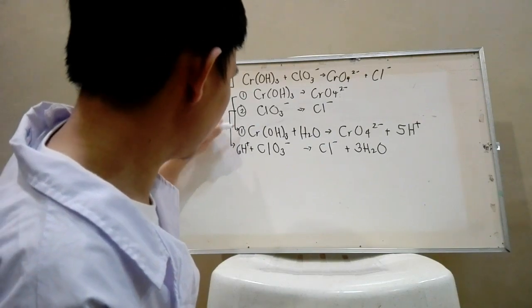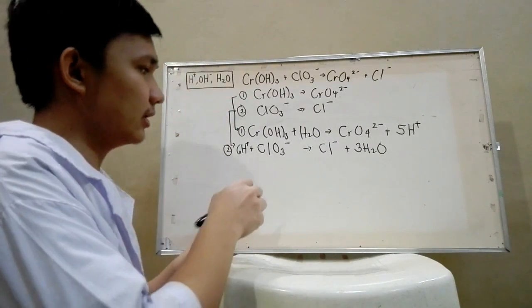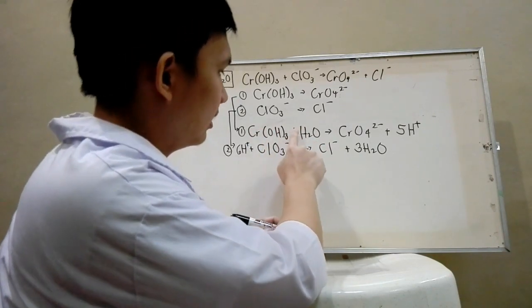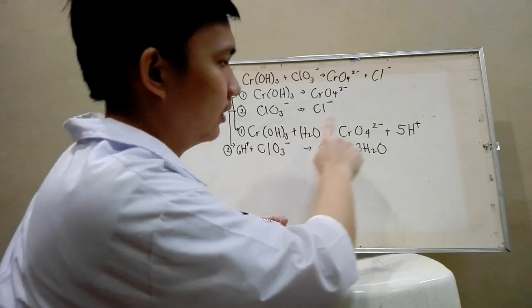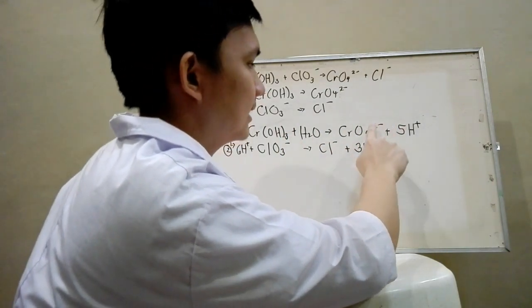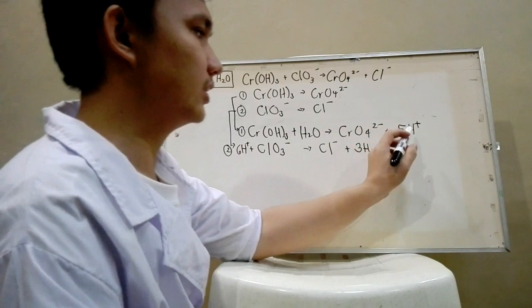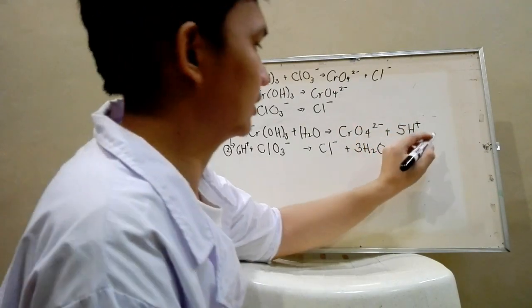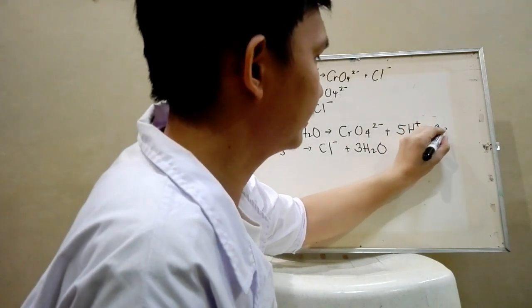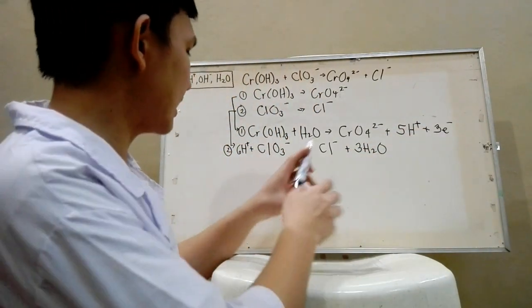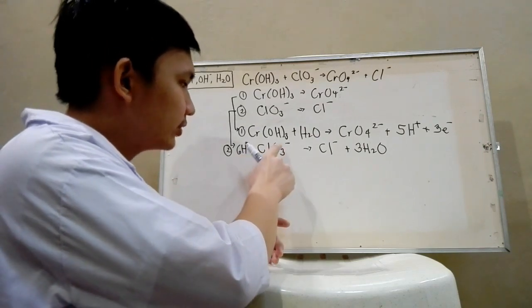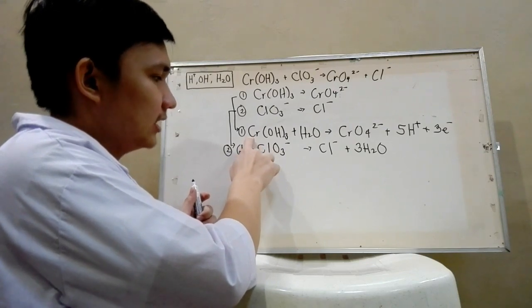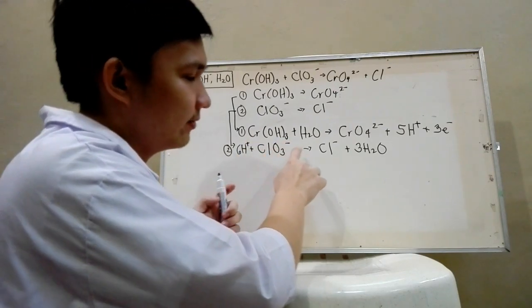This is your new equation. Check the charges. This has a neutral charge, and this has a positive 3 charge, so we have to balance it by adding 3 electrons. 3 electrons. And on this side, we have 5 charges here because 6 times positive is 6 minus 1, so we have 5.